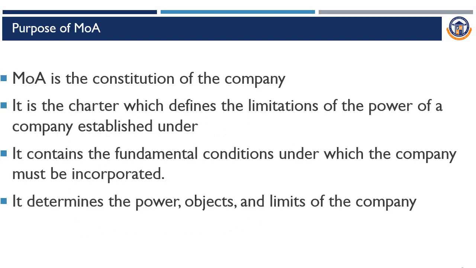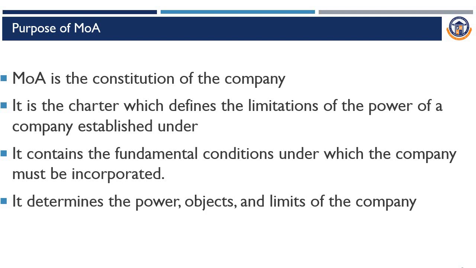Why do you need to have this document in a company? As I told you before, it is a constitution of a company. You need to know it for various aspects, like whether I should go for something or not. It gives guidelines. It is a charter which defines the limitation of the power of a company. Where you do not have the power, that kind of thing is available in this document.